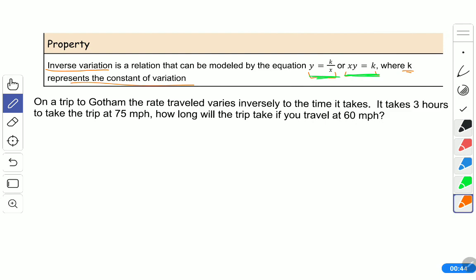So going through this, there's usually 3 phases to variation problems. The first phase being find the value for k. The second phase is to, after finding the value for k, write the equation.